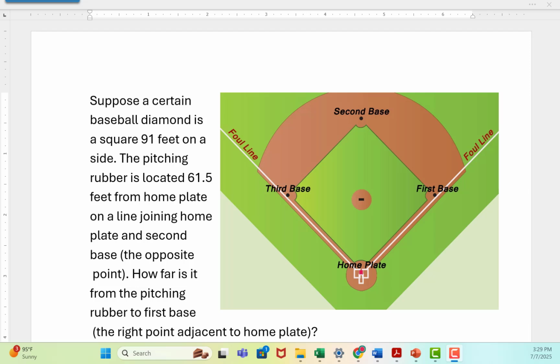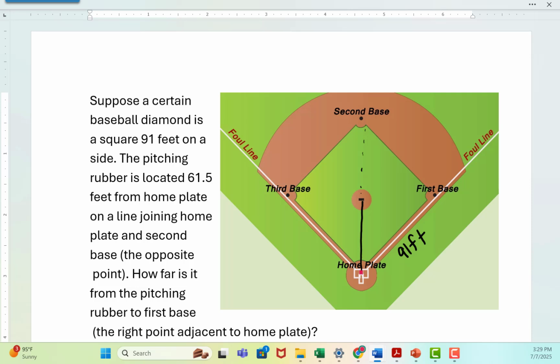And so I've got a picture here that pretty much describes what's going on. We can add some of the details. We know that each of the sides of the baseball diamond is 91 feet in length. And they tell us the distance from home plate to the pitching rubber, which is located here, not necessarily in the center of the field, but it is on a line going from home plate to second base.